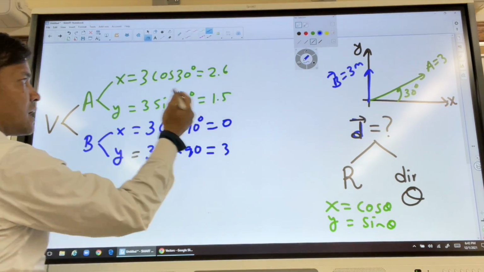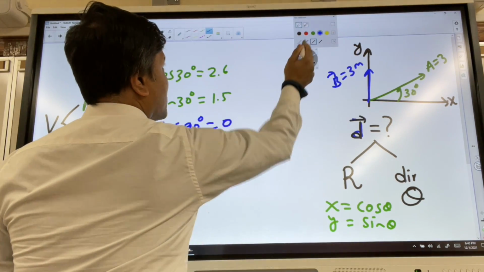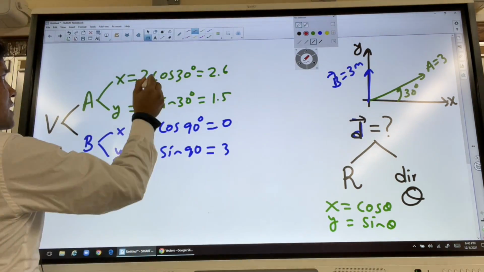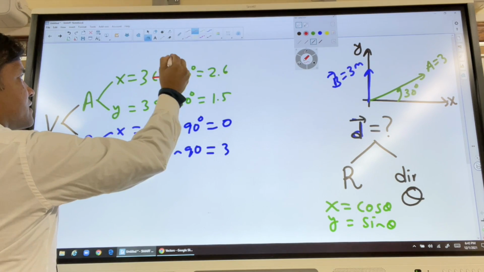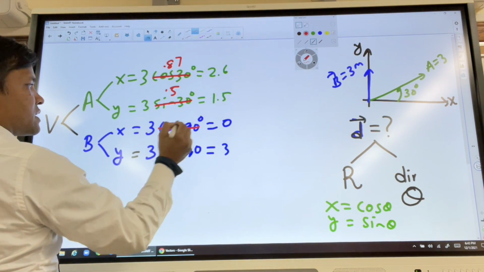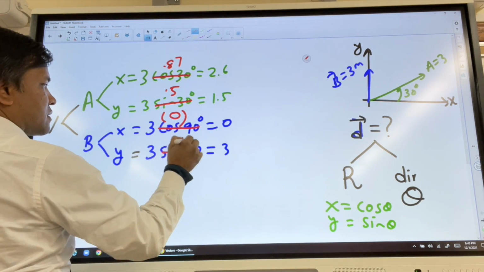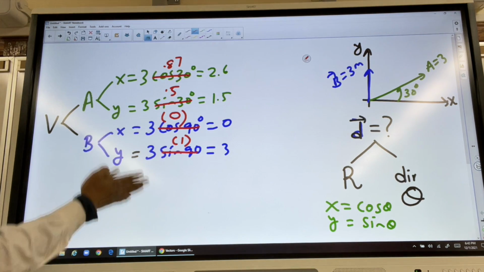You probably think how I got them. Very easy. If you put it in calculator, then cosine 30 degree would be 0.87, sine 30 degree would be 0.5, cosine 90 degree would be 0, and sine 90 degree would be 1. Okay, so this is how I got them.